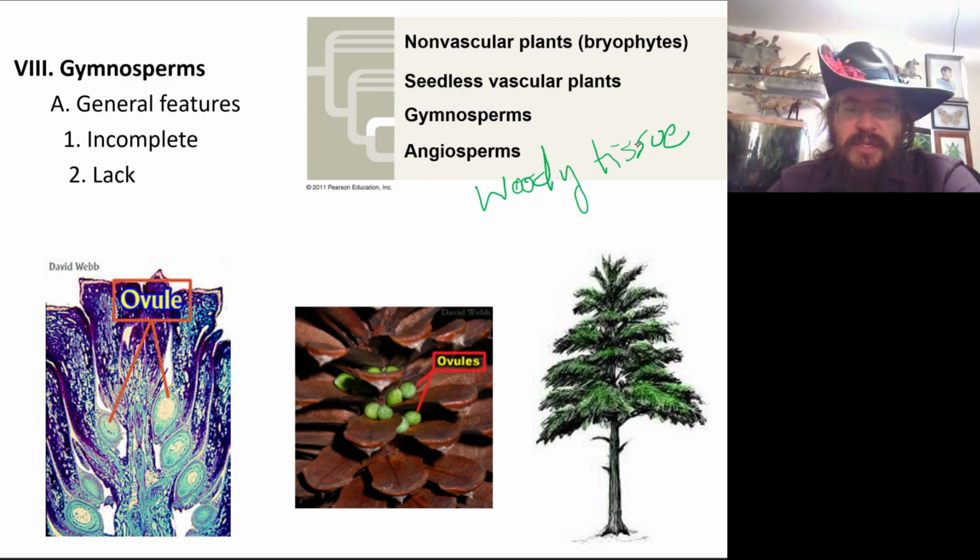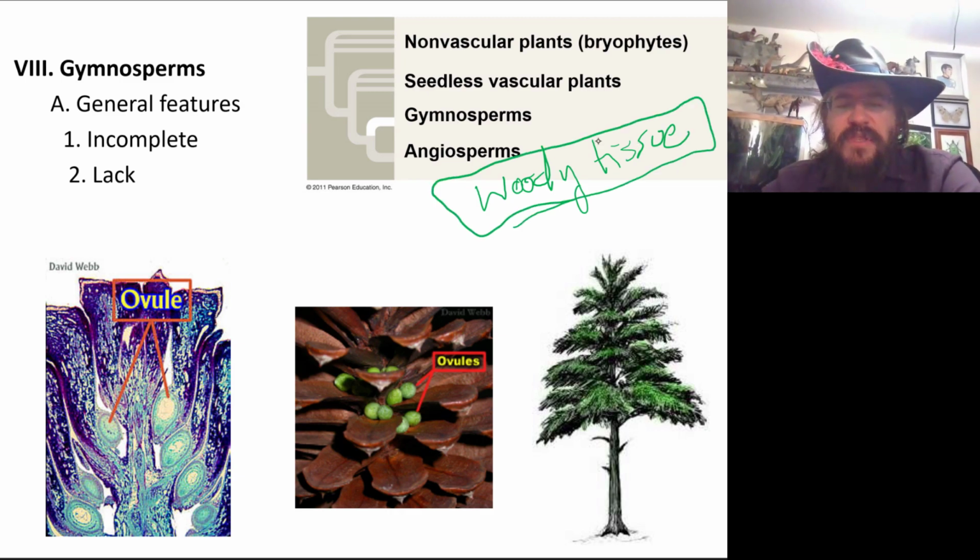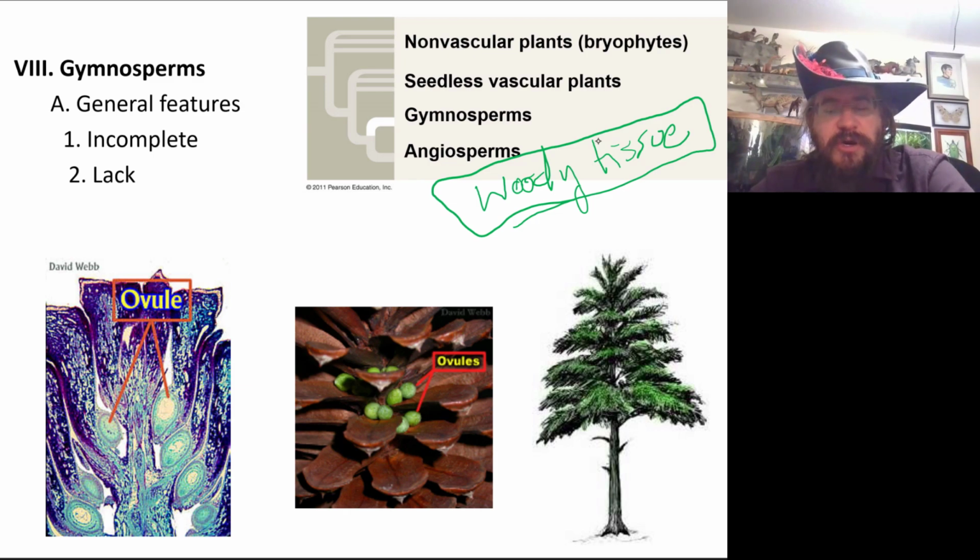I wouldn't say it's diagnostic of the gymnosperms, but woody tissue is a key adaptation that we first see in gymnosperms. Ferns do not have a woody tissue. They do not have, technically speaking, what we call wood. Gymnosperms are the first plants where we see wood.